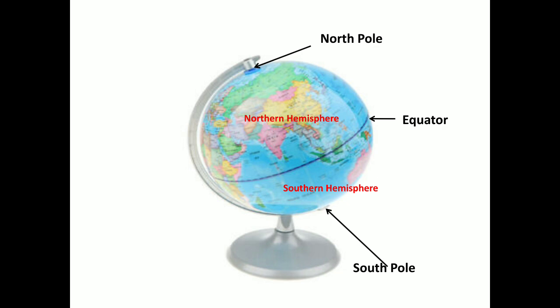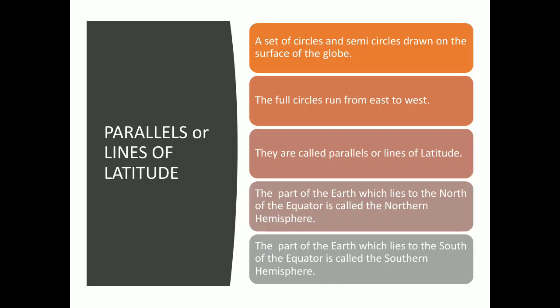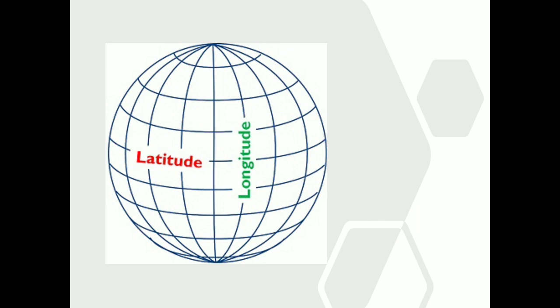Just as the blue dark line is there, there are several other lines towards the northern hemisphere and other lines towards the southern hemisphere. These lines, which are not connecting to each other, are known as the lines of latitude. You can have a better idea from this figure.